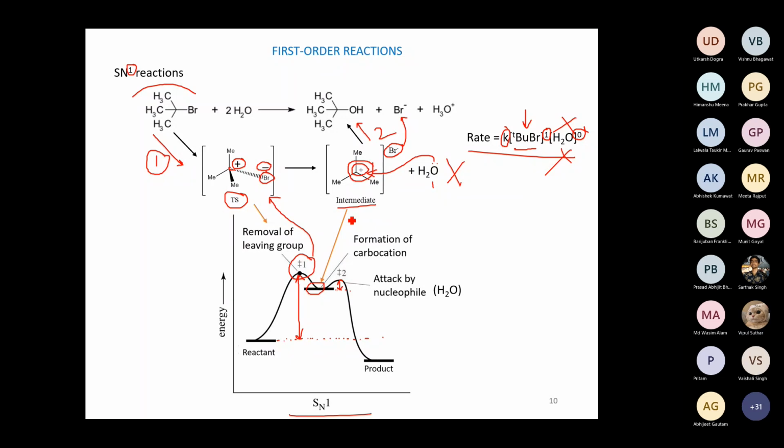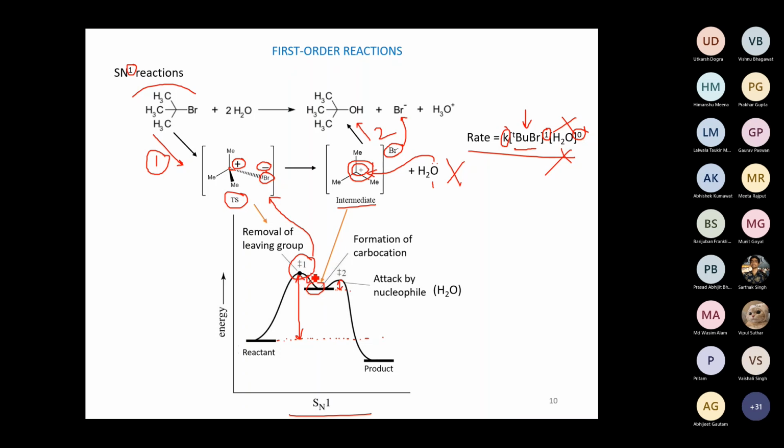Does that answer your question? Yes. So how could there be another step? In the transition state, the bond is being broken, not yet broken, it is going on. You can see this is the highest in energy.